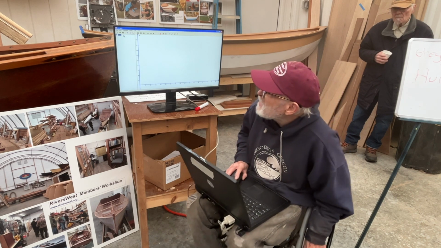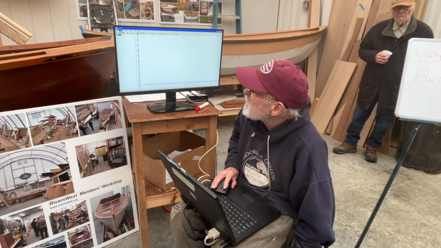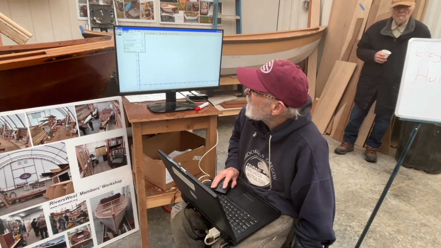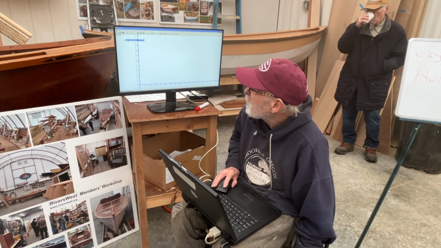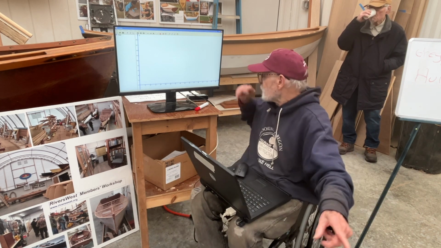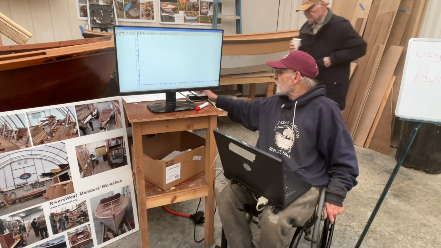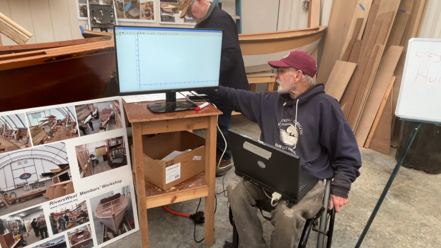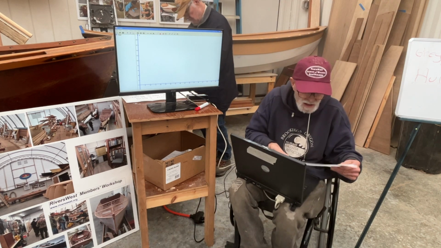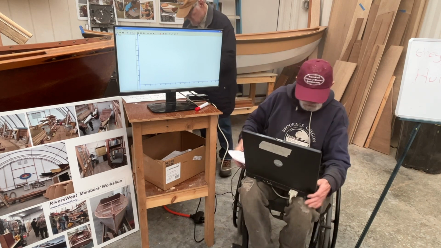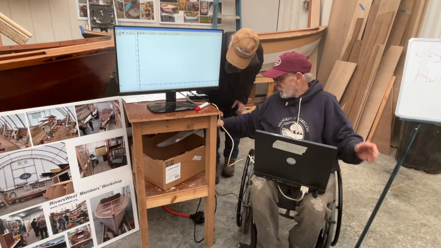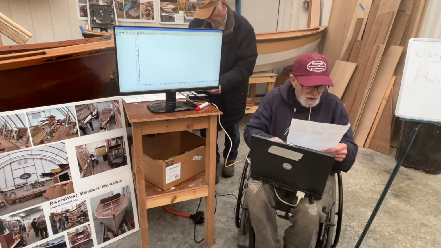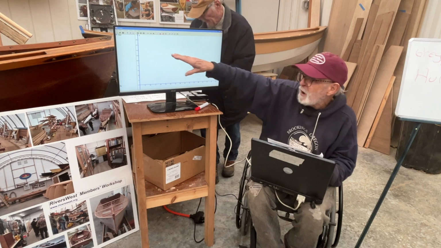Now what we want to do is insert a point series. Look at your handout. I've got the wrong one. What we want to do is draw the shear.